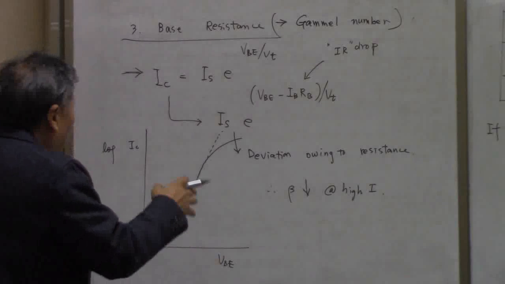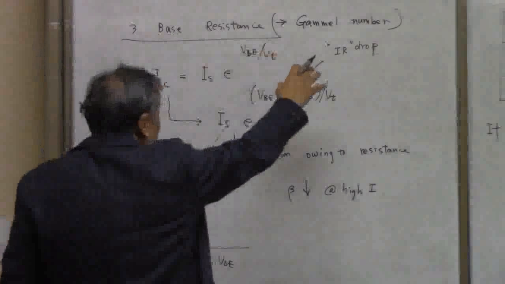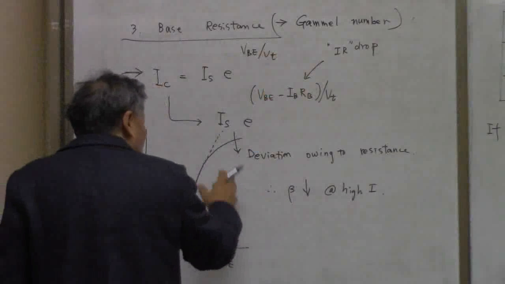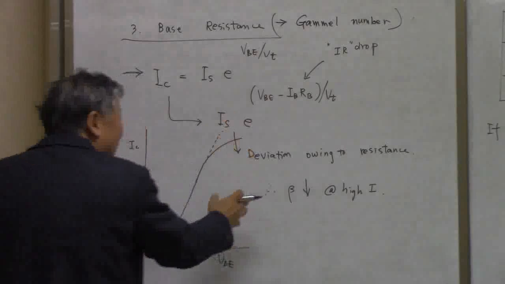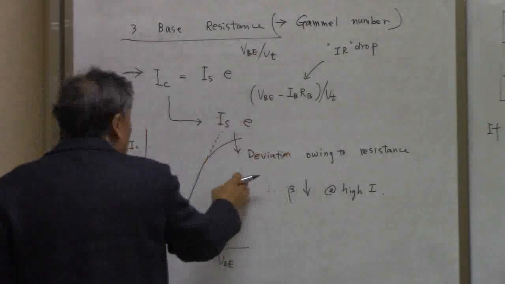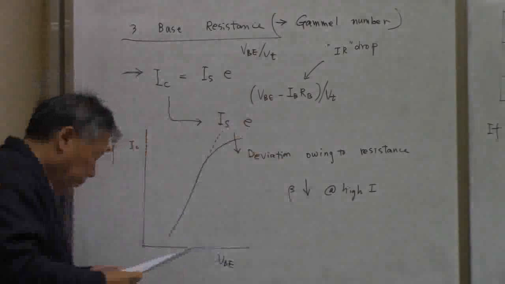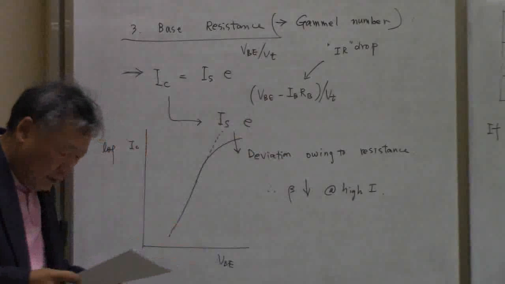But if you decrease the base doping, then again we are going to have a high resistance value for the base, and at high current the beta is going to decrease.